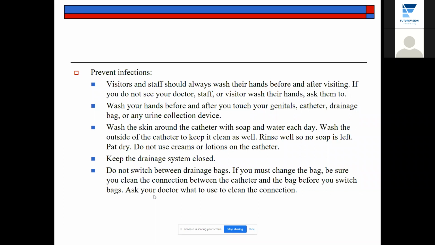So we always need to pay a lot of attention to this, that we wash our hands. We also ask the visitors, because visitors may get close to the patient and talk, and this can cause infection. Wash the hands before and after detaching the genital catheter drainage. For example, consider we are cleaning the patient and later on we need to wash our hands, wear gloves and touch the Foley's catheter, because we could expose the patient to infection.